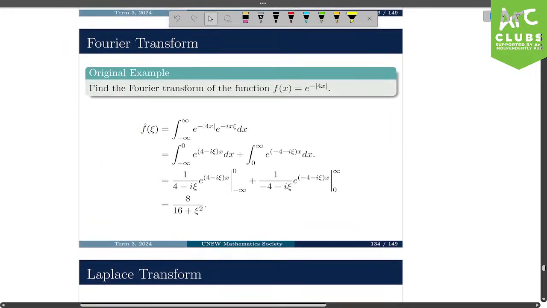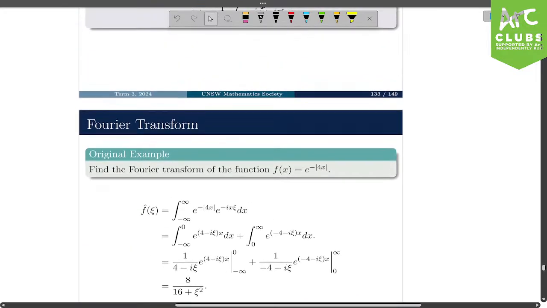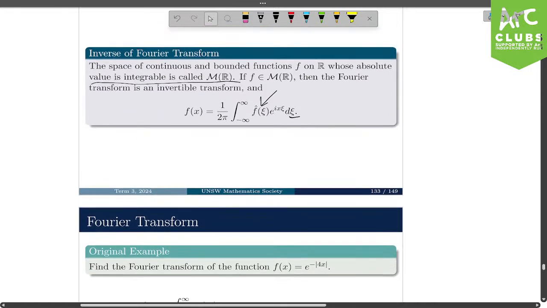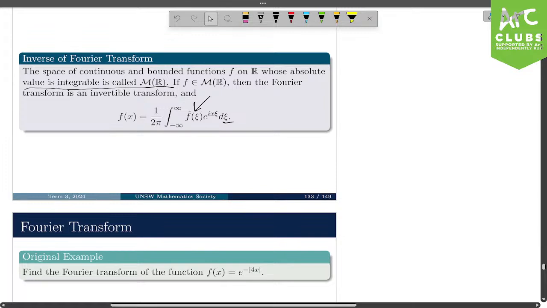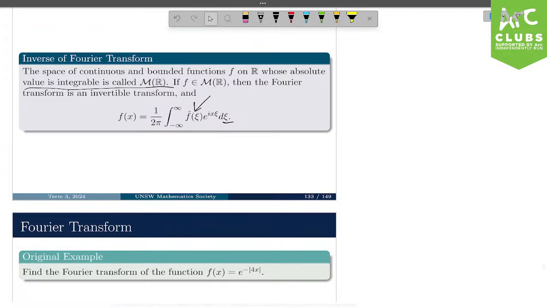All right. Let's jump into an example. Let's not give the answer away too quickly, but we want to find the Fourier transform of the function f of x equals e to the minus absolute value of 4x. Okay? So let's go ahead.